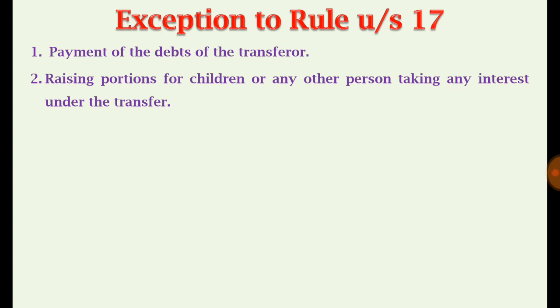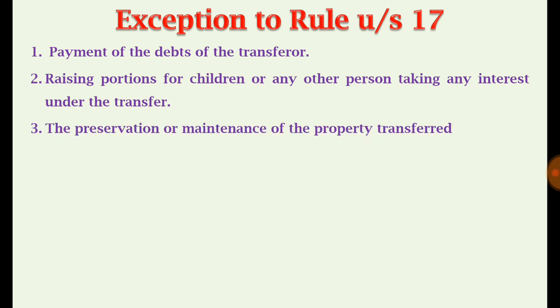This amount can be given to him as maintenance, and in such circumstances section 17 is not applicable, even for the payment of debts, because the accumulation is required to be made for the period which is necessary for repayment of debts. Similarly, until the moment when the children require the amount for their maintenance, the amount will be paid, and the period provided by section 17 is not applicable there also.